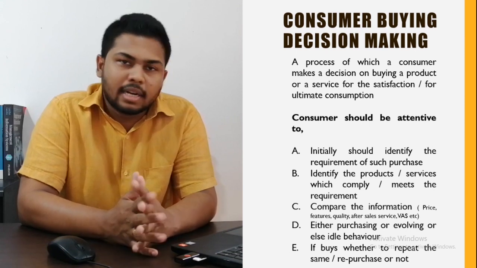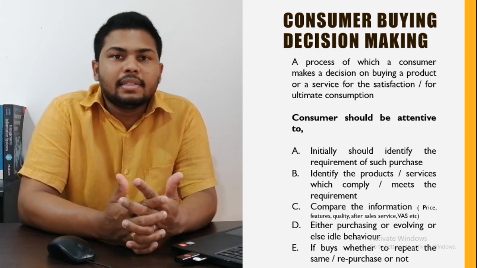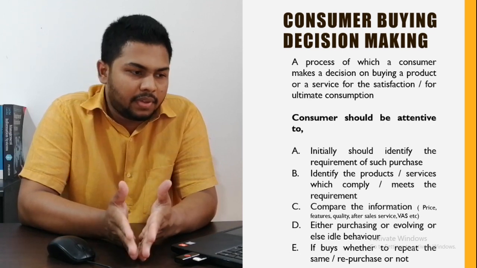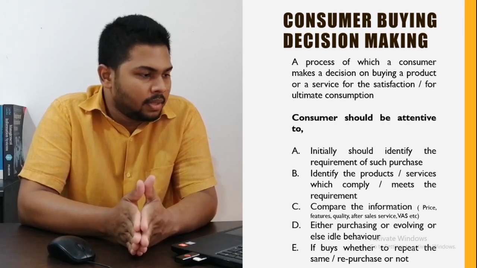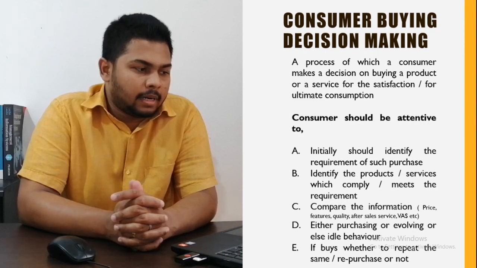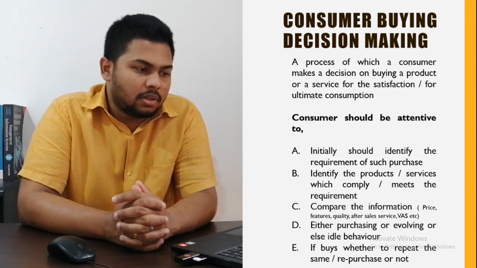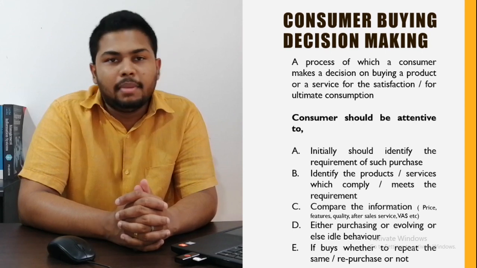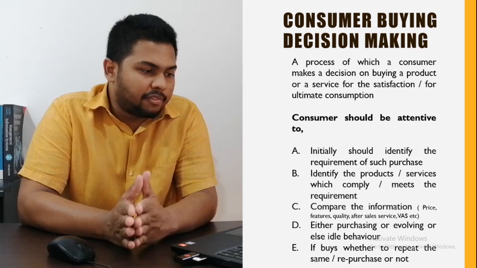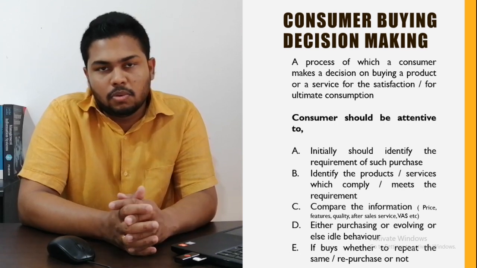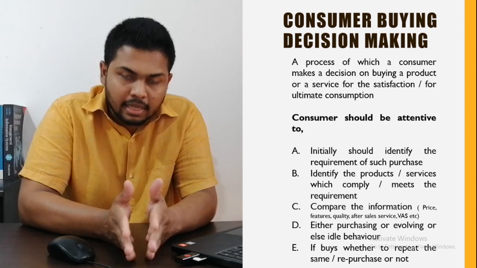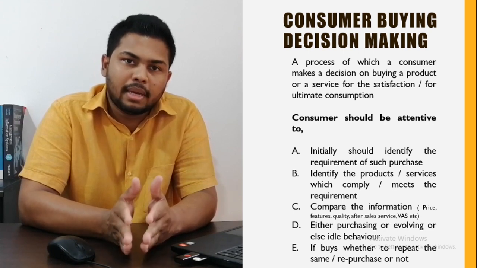The second is to identify the products and services available. For your thirst, you must have a solution, right? Third, compare the information. And fourth, either purchasing, or else idle behavior, which is not buying anything, right? And if you buy, whether to repeat the same or not. These are the things you consider whenever you are making decisions.